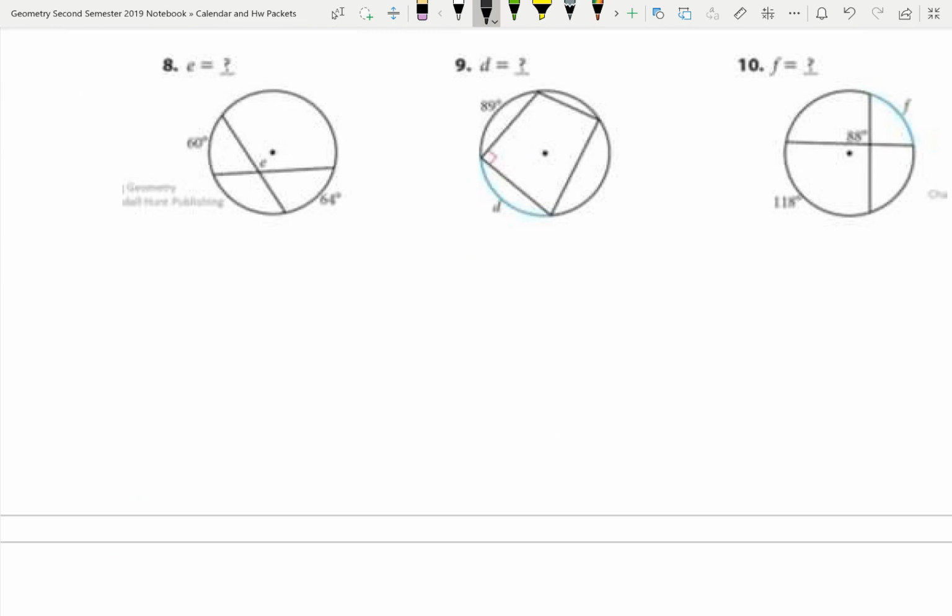Number 8, let's see. What is E going to be?